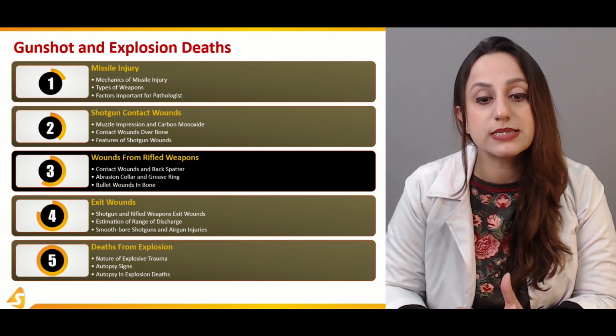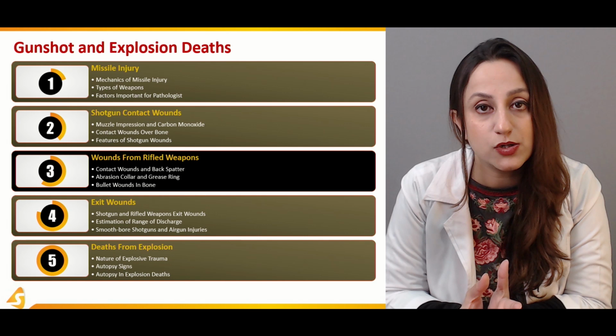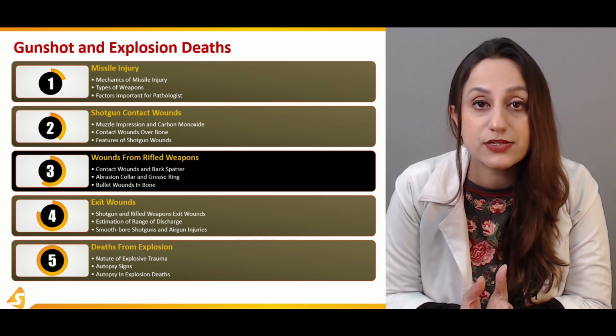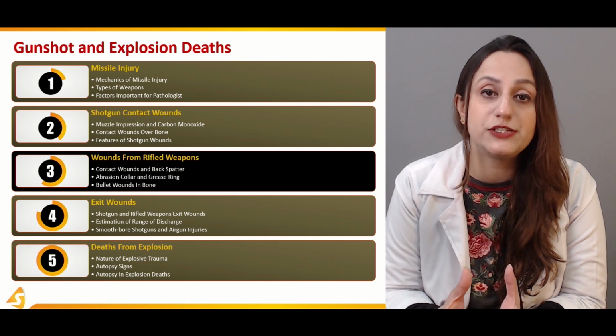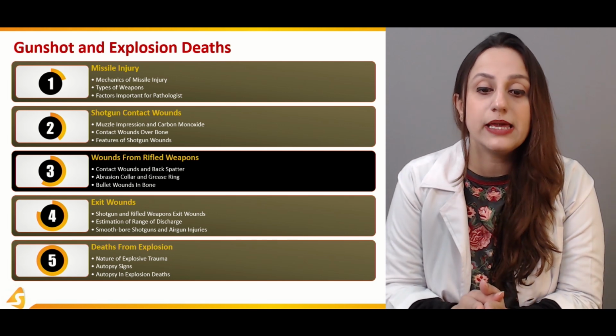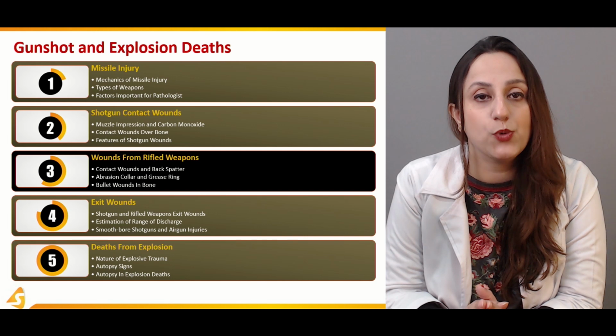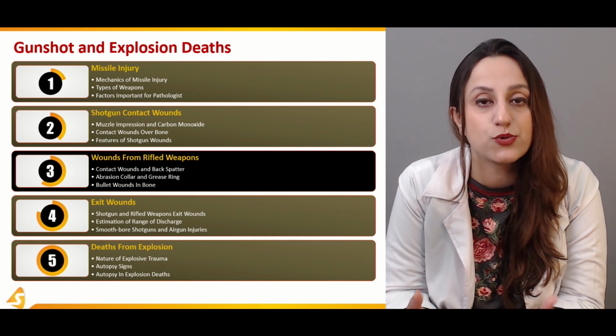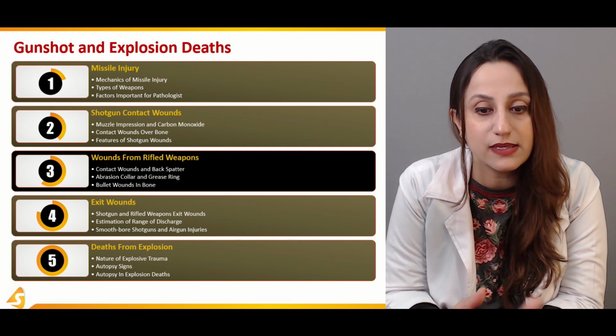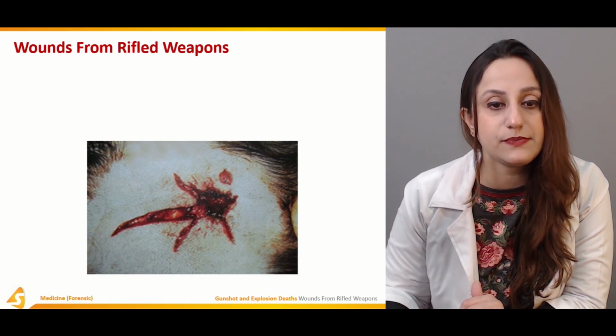Then we are also going to discuss what an abrasion collar is, and the grease ring, which is also a very common phenomenon seen particularly in rifled firearms. Then we'll talk about the bullet wounds in the bone. So how a bone can be affected after the entry of the bullet is going to be discussed in detail in this third section.